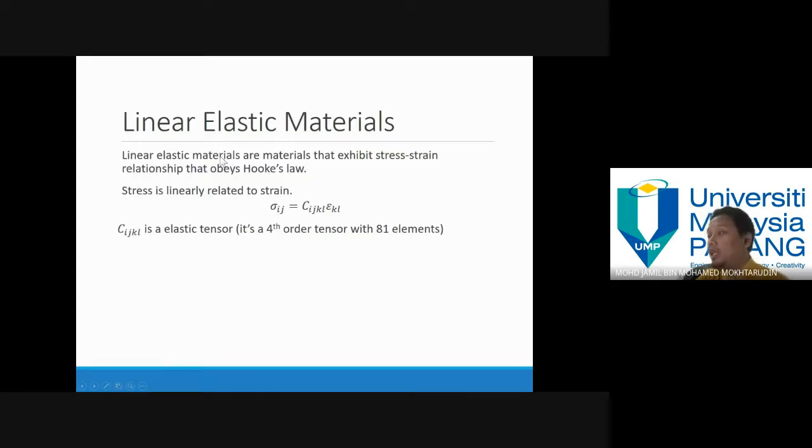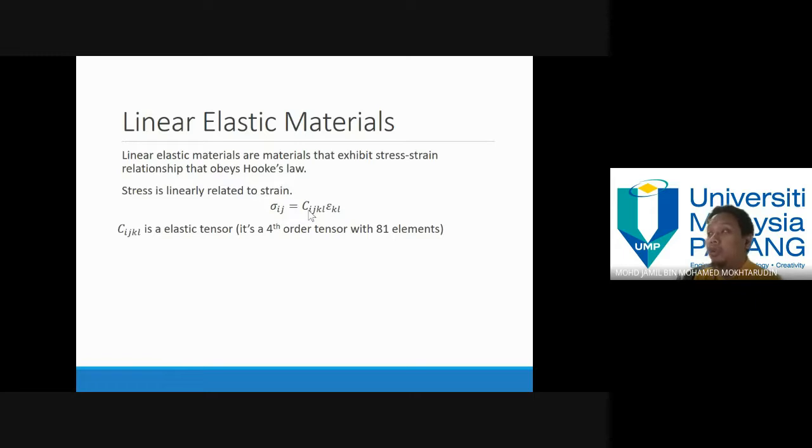So the linear elastic constitutive law basically relates the stress and strain using Hooke's law. So stress, sigma ij. Why ij? Because it's a matrix. It has 3 by 3 elements. Strain also is a 3 by 3 matrix. And the symbol C here represents the elasticity tensor, or we call it the stiffness tensor.